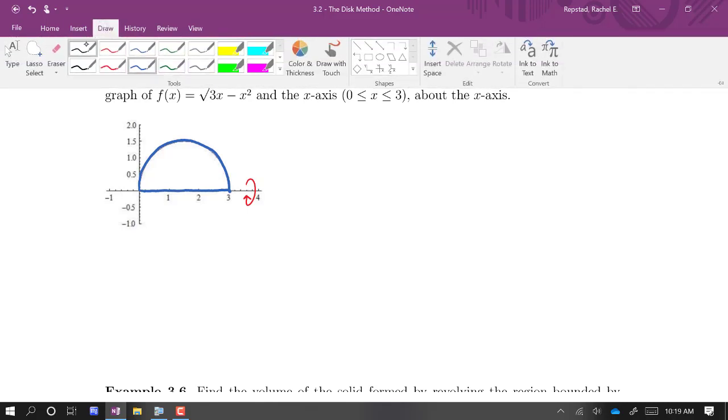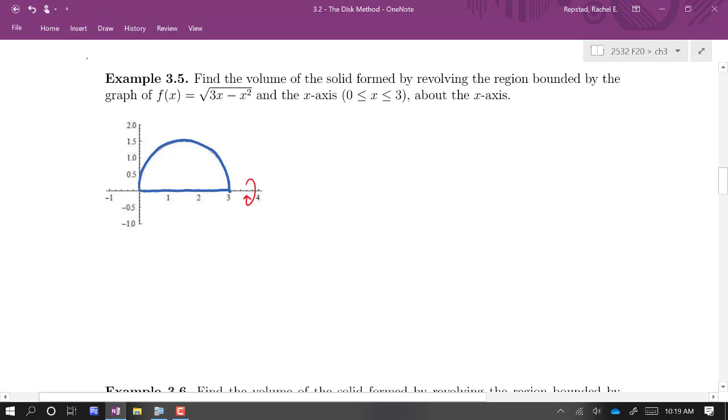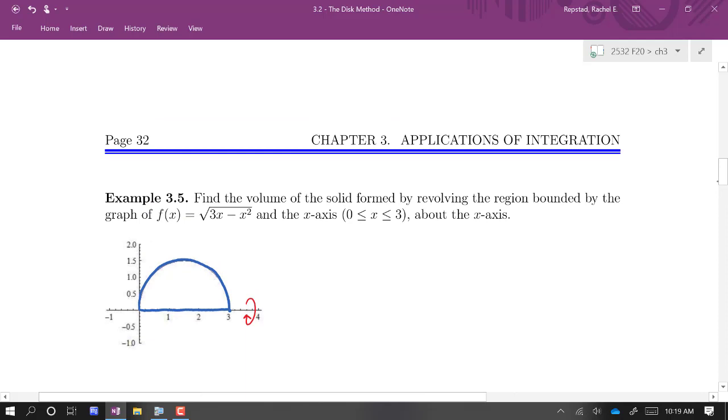So we're revolving about the x-axis. Now, when you use disks, here's the great thing. They don't tell us to use the disk method, but of course this example is in this section on the disk method, so we're going to. But sometimes you might be working on a problem and you know that you want to find a volume, but you're not sure whether you need to use horizontal or vertical rectangles.